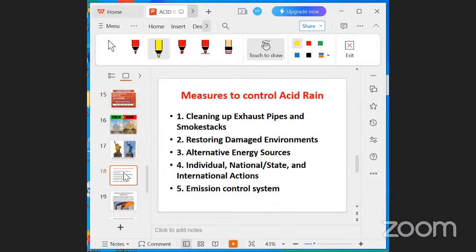Those are cleaning of exhaust pipes and smokestacks. And second one is restoring damaged environments.